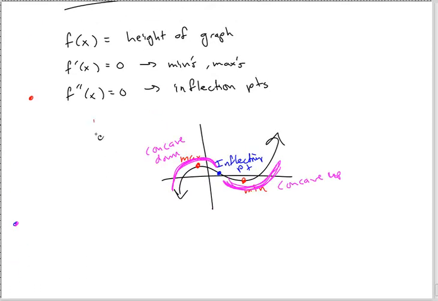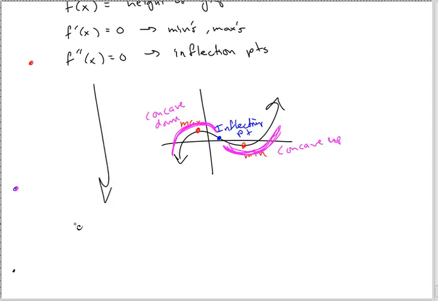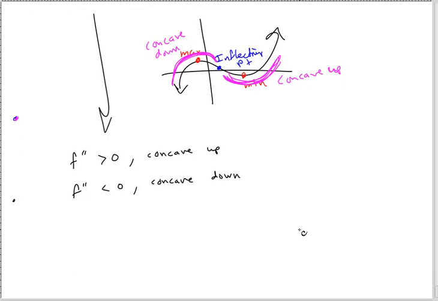So this is a cool list. I'm going to add just a tiny bit more. If your f double prime is greater than 0, that means that it's concave up. And if your f double prime is less than 0, it means you're concave down. Okay, now hold on. This is where things get a little mixed up sometimes with folks.